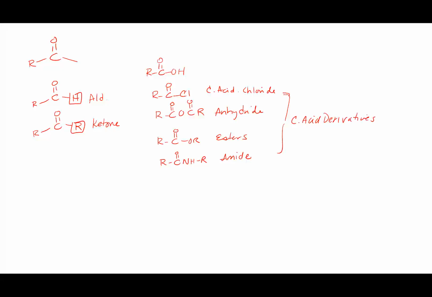And the reason they're called carboxylic acid derivatives is that when they react with either H plus and H2O or hydroxide and H2O, they basically make a carboxylic acid. And there'll be one other molecule in the carboxylic acid derivatives as well that is kind of an oddball, but it's the nitrile.